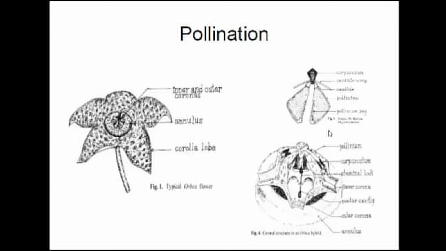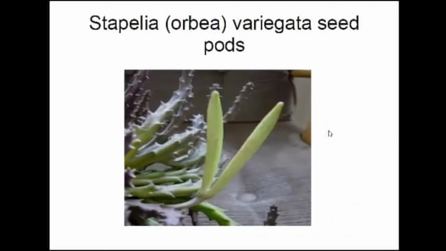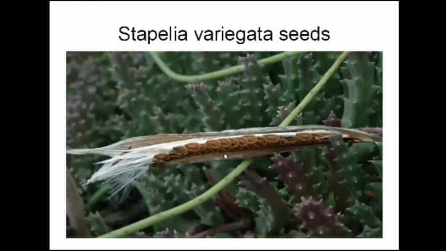However, it is possible. And here is a picture of seed pods of Stapelia variegata. Each flower is producing 2 pods, and they are filled with seeds.